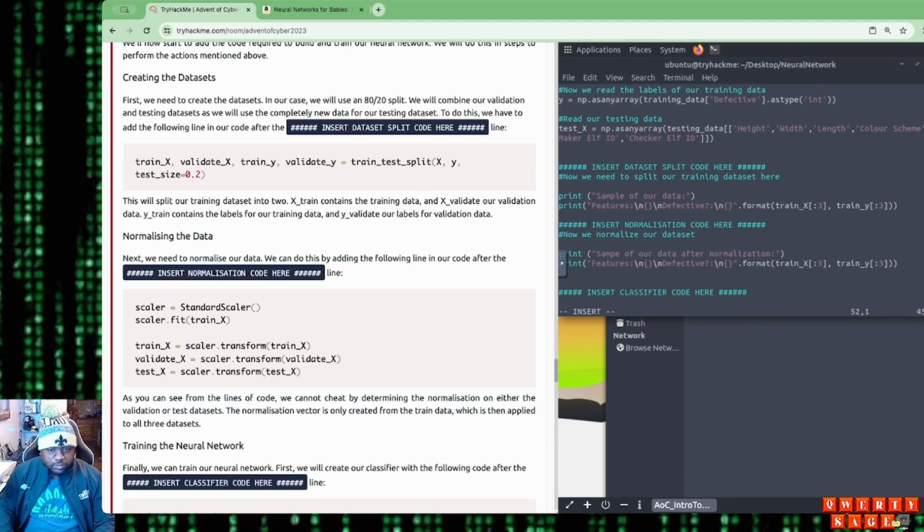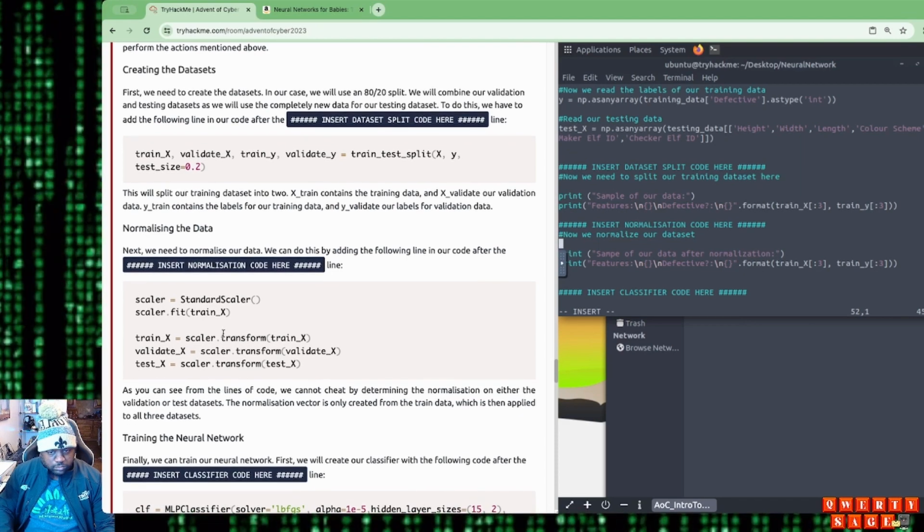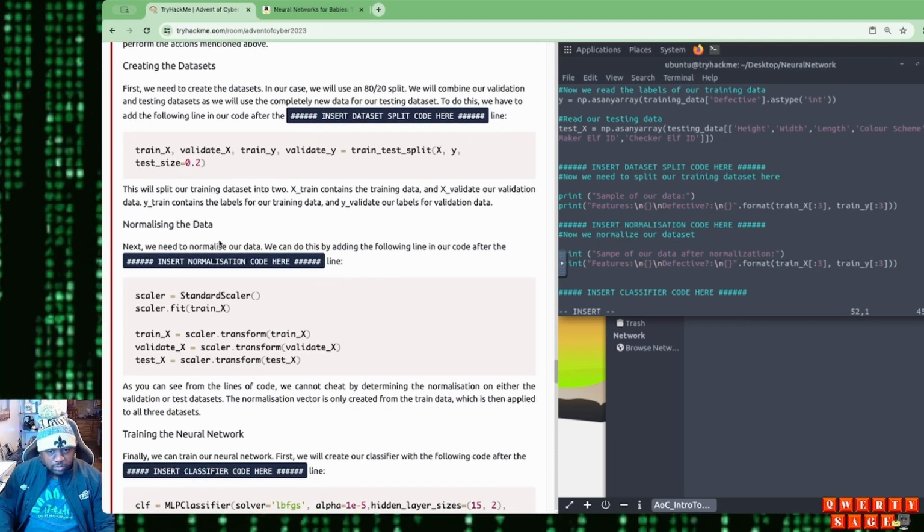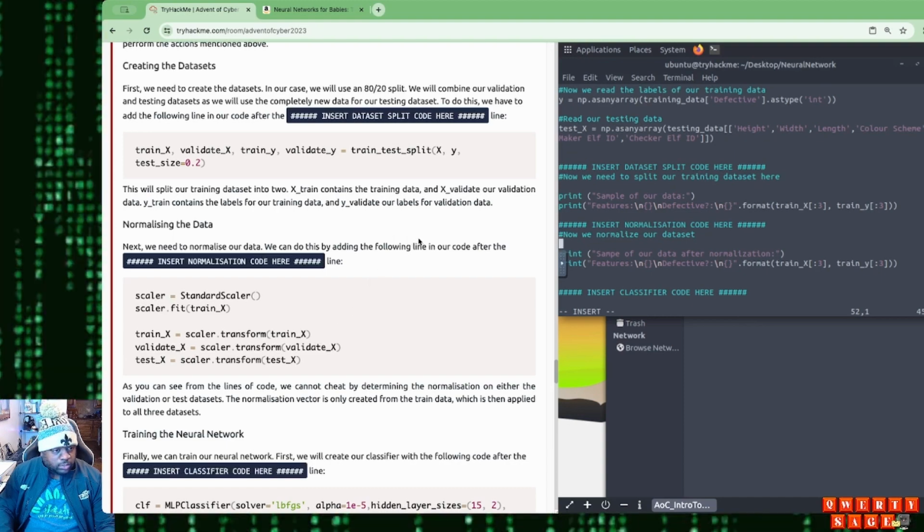All right. So first we need to normalize the data.